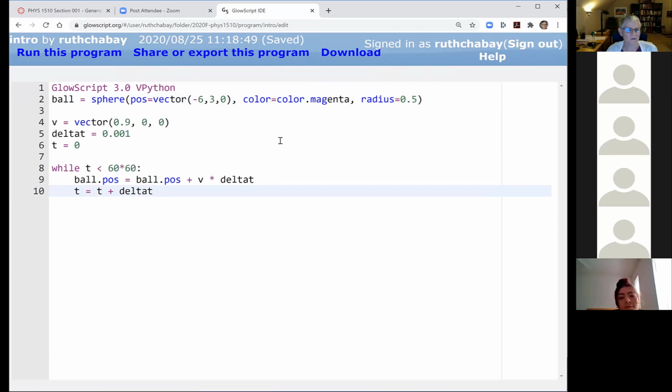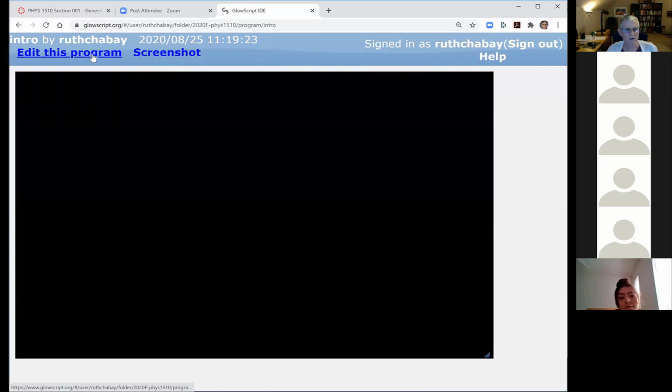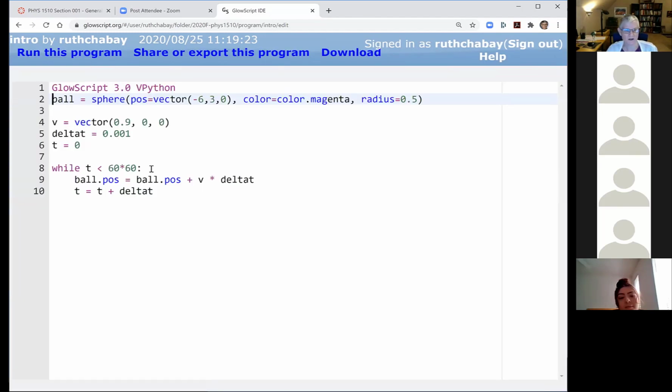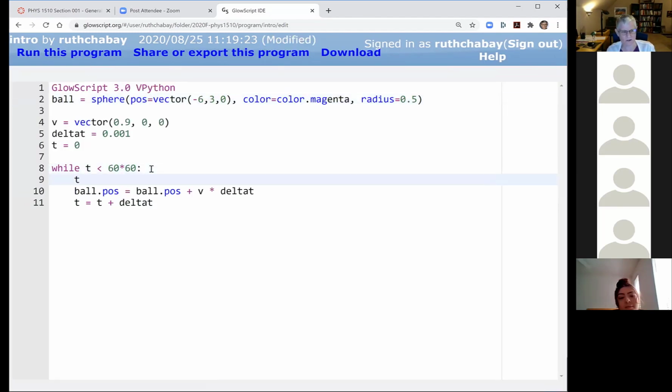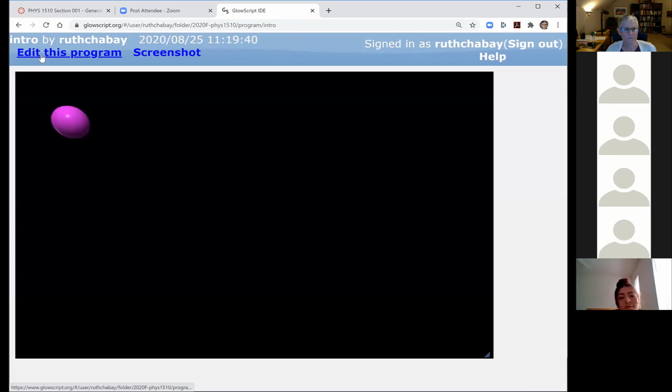I actually made an infinite loop. I forgot to update t. So there we go. Now we didn't see anything. Why? Well, the ball actually moved too fast for us to see. So let's slow it down. We'll tell it not to update more than 800 times a second. And now we see our ball moving across the screen.